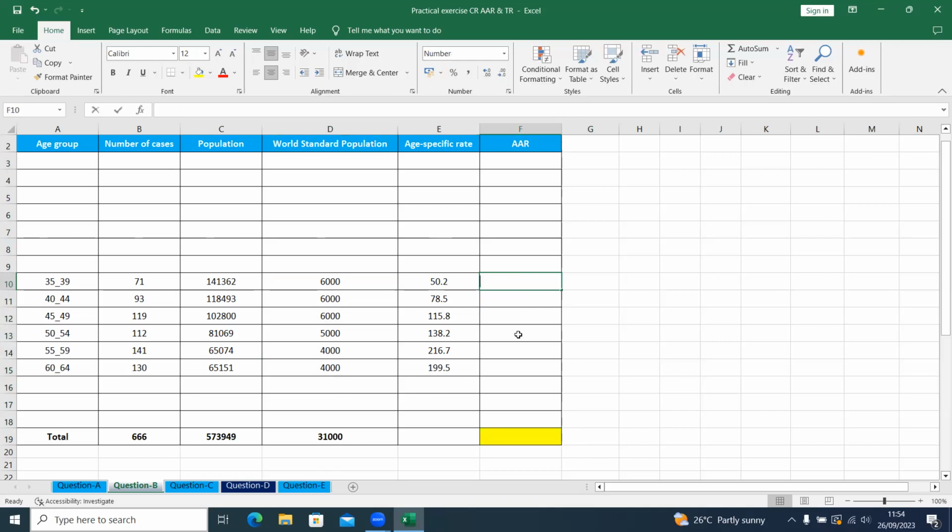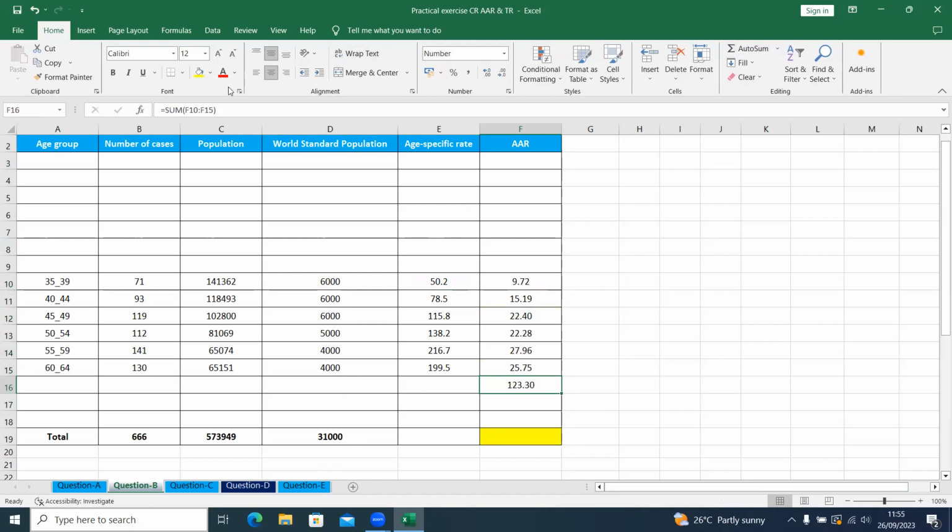So here we will calculate age specific rate into world standard population divided by 31,000. I will use this formula for all age groups and do the summation.